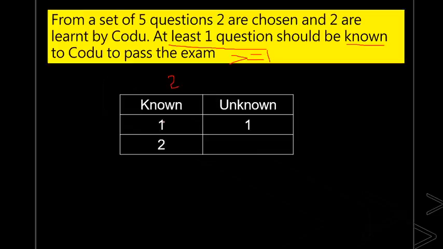If you know one question, obviously the other one is unknown, right? What if you know both the questions? There are 2 questions. You know both, which means the number of unknown questions will be 0. Can you all understand the table? Similar to that men and women problem, I'm filling up this table. If you know one question, 1 is unknown. If you know 2 questions, 0 is unknown.